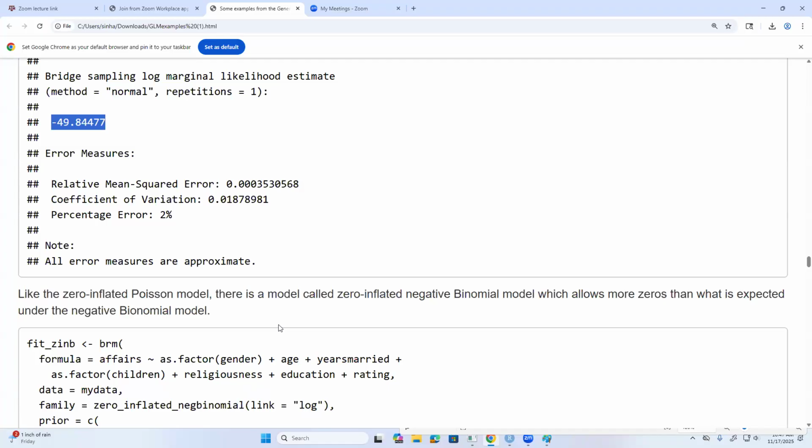This count data model is also used for public health research, where we want to model how many people, or how many times someone without health insurance, visits the emergency center in the last 1 year.